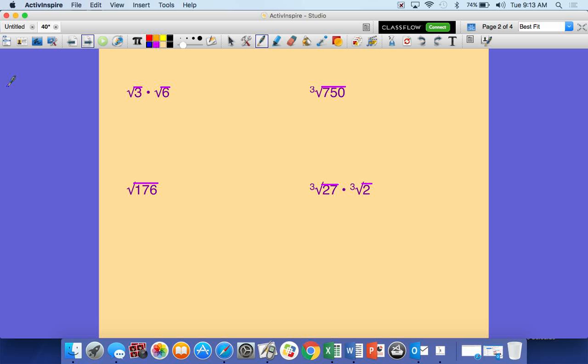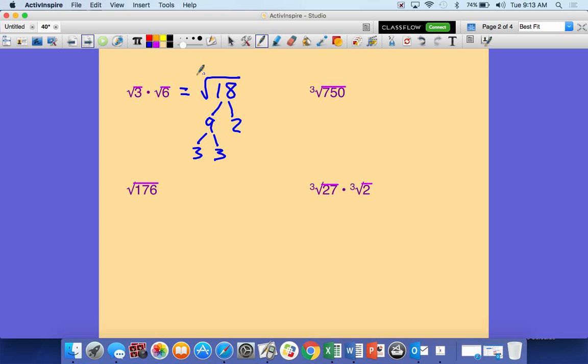Now we get a little bit more complicated. We've got square root of 3 times square root of 6. When both of them are under the same square root sign, one thing we can do is multiply them together. So this turns into the square root of 3 times 6, which is 18. Then we can do the same thing we did on the last page. 18 is 9 and 2, and this 9 can be broken down as 3 and 3.